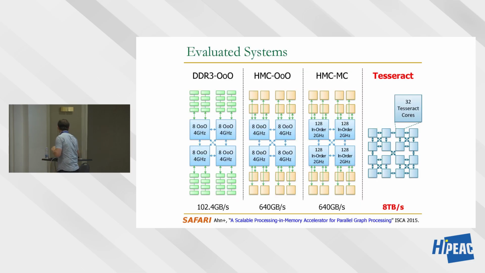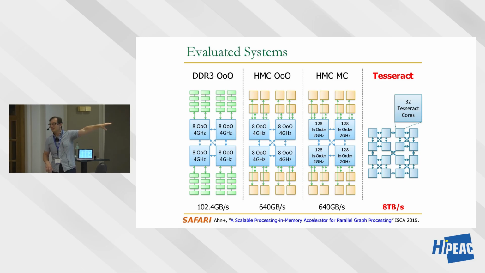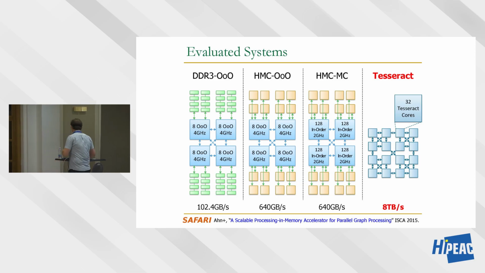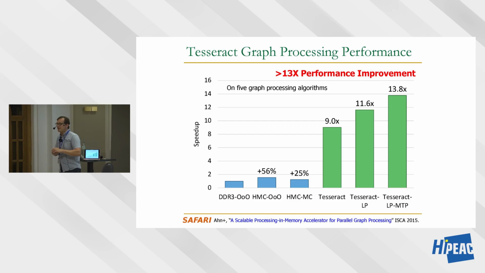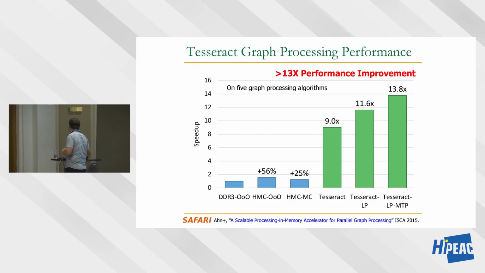And you can see that the number is pretty high, 8 terabytes per second access. So these 512 small cores have 8 terabytes per second access to memory, which is actually, if you follow the numbers in some of the keynotes, better than in some of those numbers today. Although with HBM things are getting much better. Okay, so what is the end? In the end, we ported and programmed 5 different graph processing algorithms, and we saw significant performance improvements.